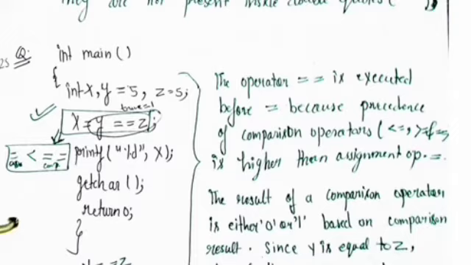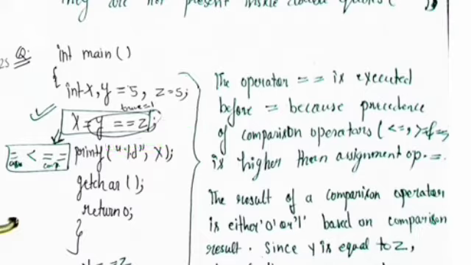Firstly, the equal to operator has greater precedence as compared to the assignment operator, which was already discussed in the fifth session of the important points for the GATE purpose. So firstly we compile this statement y equal to z, then whatever output you get is compared and assigned to the value of x.